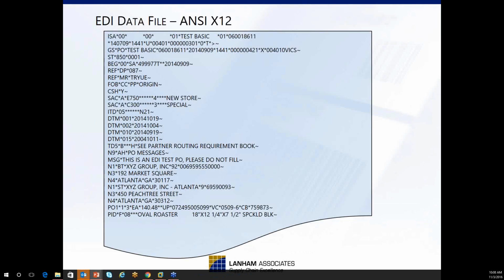So today we're looking at data. This is an example of an ANSI X12 formatted data file. It looks like text because it is, and you'll recognize a lot of characters there. We use an asterisk in between data elements, and we use a tilde at the end of the line to indicate that it's at the end of the line.